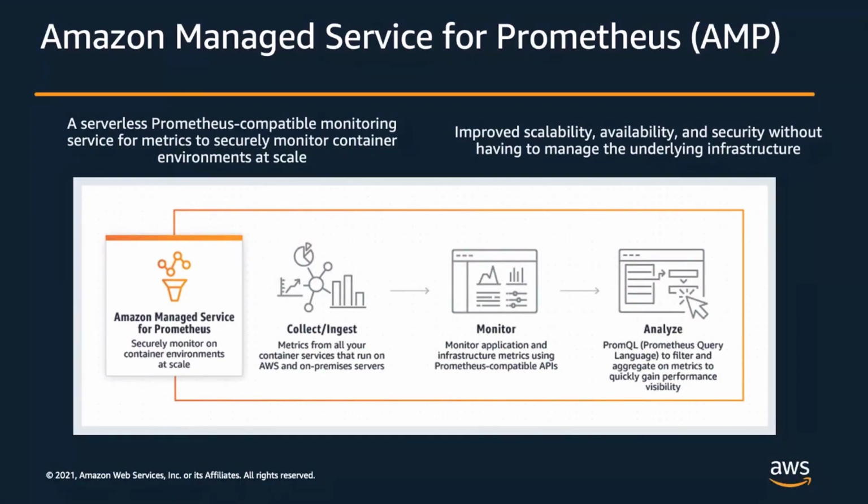Along with the AWS Distro for OpenTelemetry, you can collect and monitor metrics from anywhere. Prometheus libraries of open source exporters for many popular application stacks can also be used to send those metrics to Amazon Managed Service for Prometheus, which can receive the metrics and be used to query them.